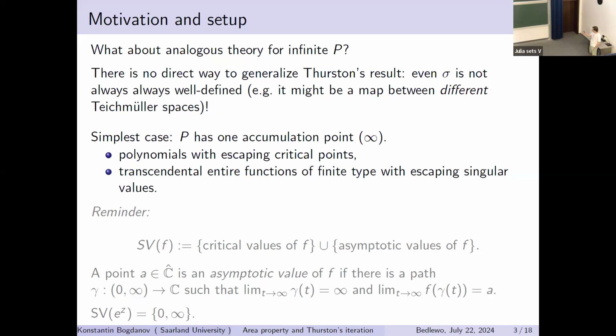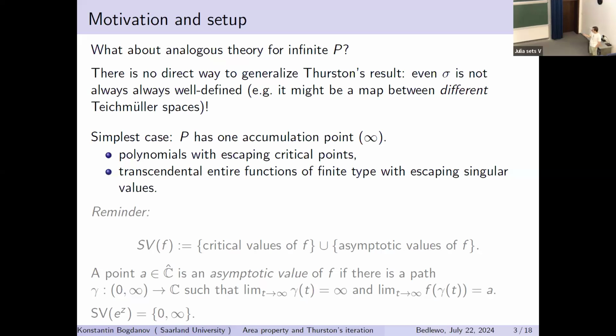So here is a reminder of what a singular value of a finite type transcendental entire function is: it's a critical value or an asymptotic value. An asymptotic value is defined here: you have a curve to infinity such that the values of the function along this curve converge to your asymptotic value.